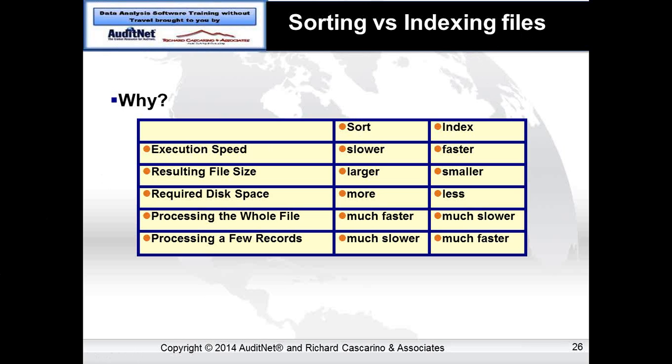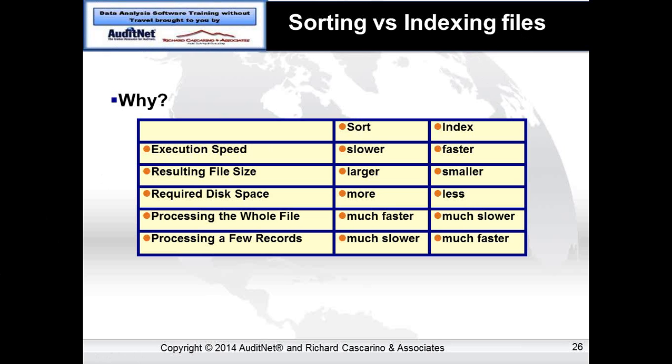Now, if the records are 1,000 characters long, and I can create a list with 20 characters, or 10 characters, or 3 characters, and a pointer to where it needs to go, it's a lot faster to do an index than it is to do a sort.